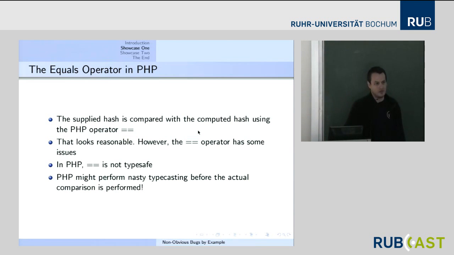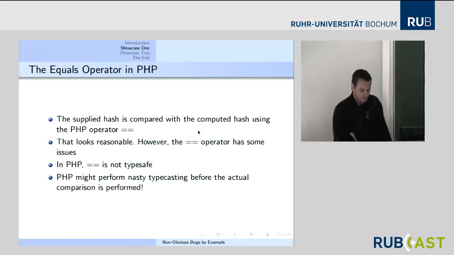It's not pretty obvious how to attack or break the scheme, and this is where some PHP-specific interesting properties come into play. The two values are compared using the double equals operator you see here.